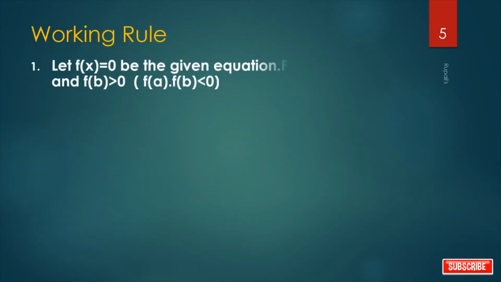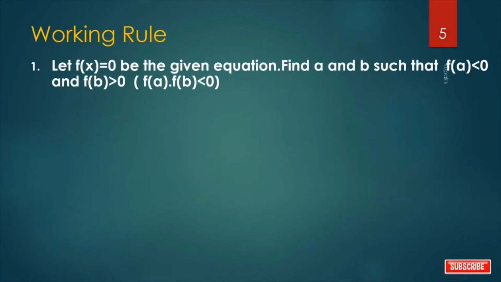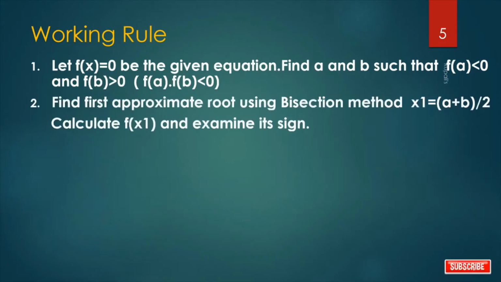So the working rule. Let f(x) = 0 be the given equation. Find a and b such that f(a) < 0 and f(b) > 0. Find the first approximate root using the bisection method: x1 = (a + b)/2. Then calculate f(x1) and examine its sign.